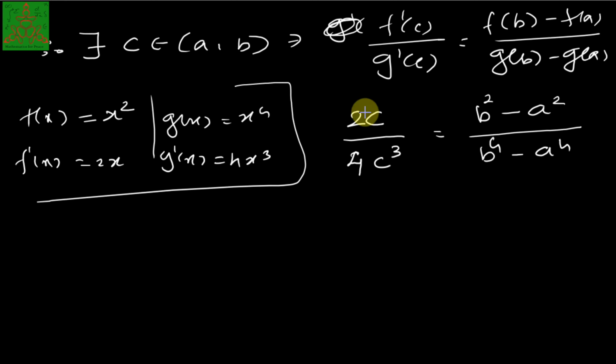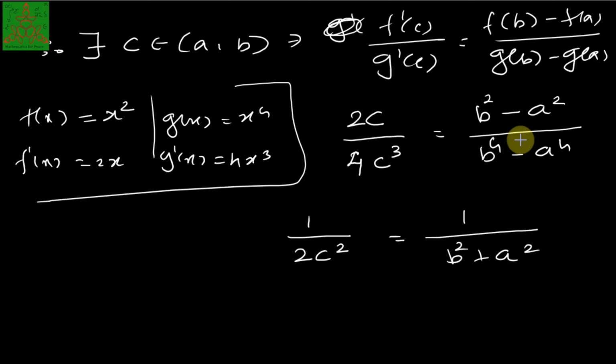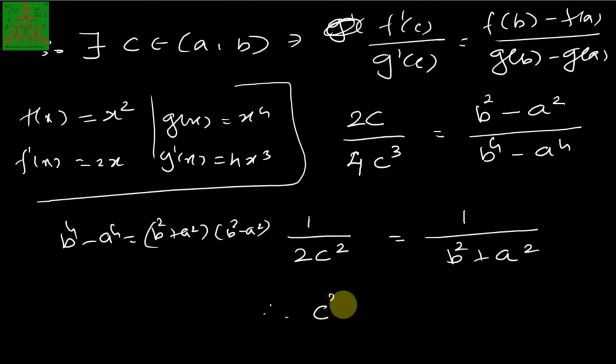So this will give you 1 upon 2c square equal to 1 upon b square plus a square, because b power 4 minus a power 4 will factorize as b square plus a square into b square minus a square. So this b square minus a square will cancel, and the quantity is left with b square plus a square. So finally c square is equal to b square plus a square upon 2.